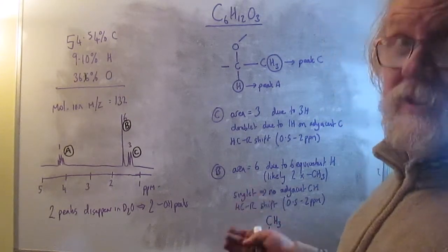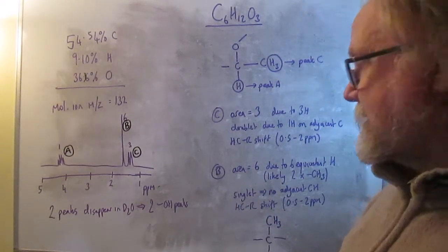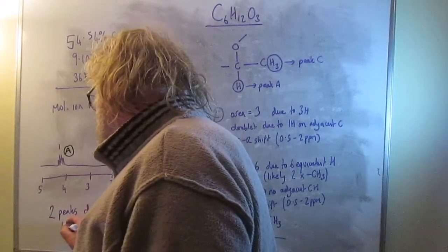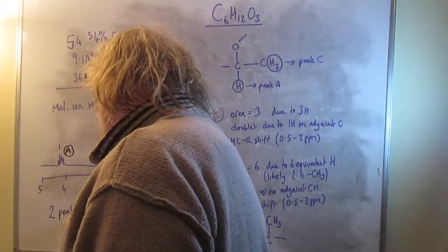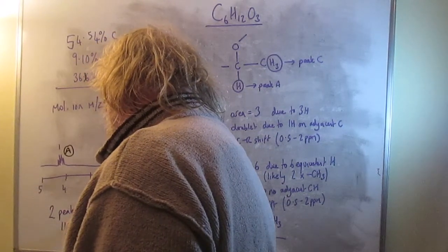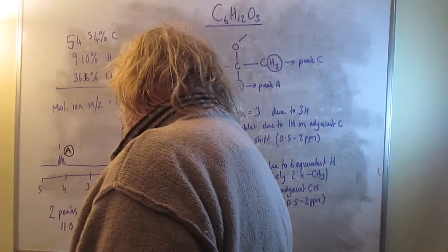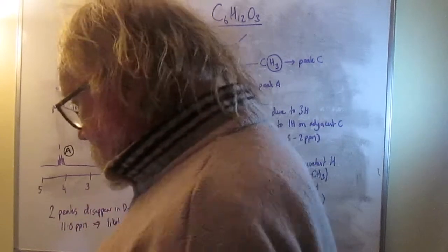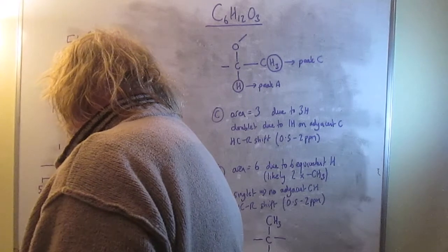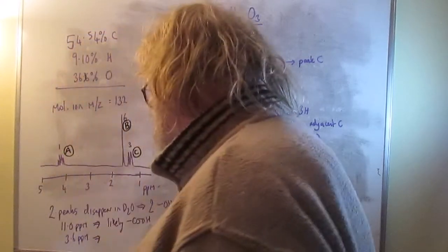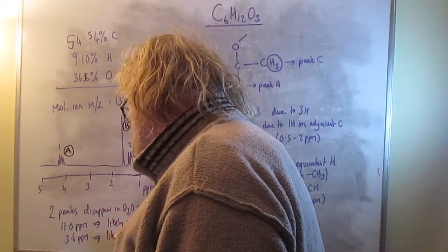It would be a big surprise if it was any other kind of OH down there. So 11.0 ppm suggests that there's likely a COOH, and the other one is at 3.6 ppm, and that's not in the range for a COOH, so that's likely to be an alcohol OH.